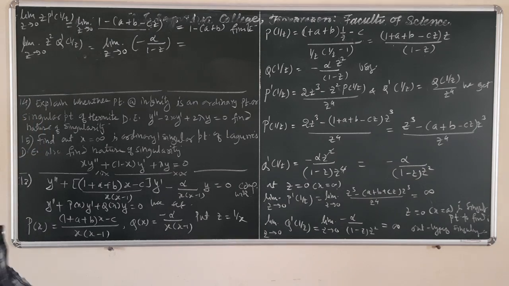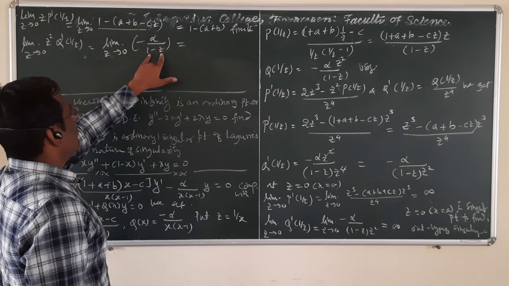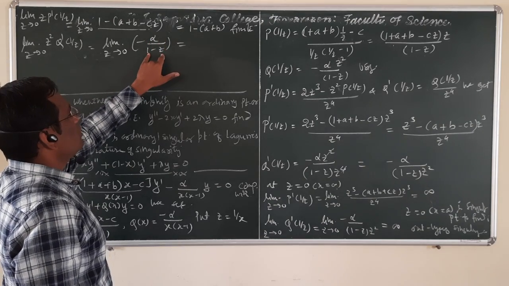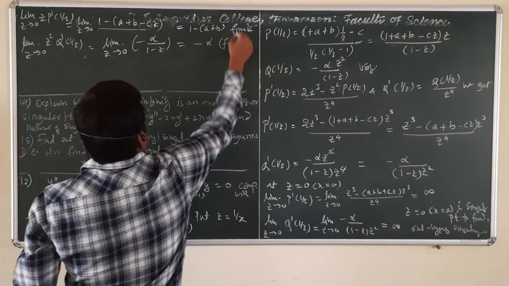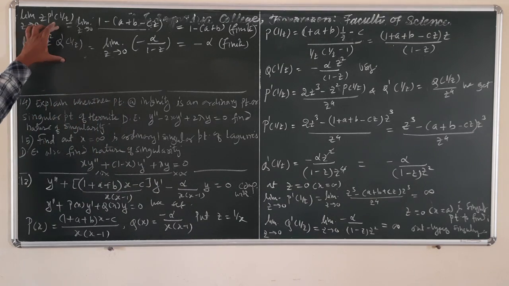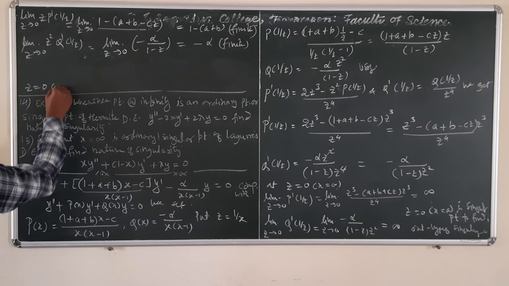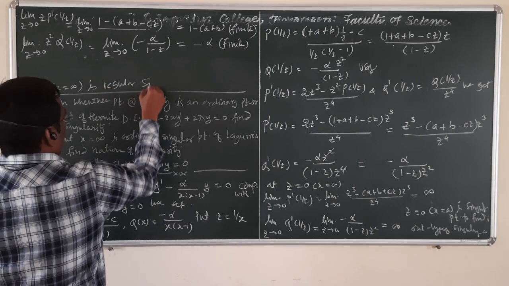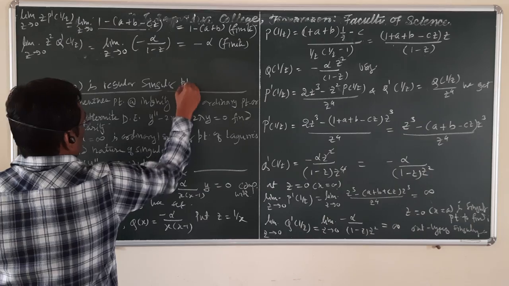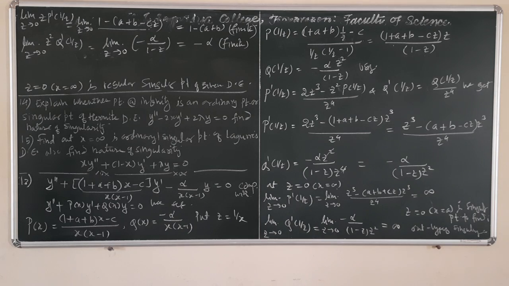Now if you put z equal to 0, we get minus alpha over 1 minus 0, which is 1, so we get minus alpha, which is again finite. Since both these limits remain finite, we can say z equal to 0, which is x equal to infinity, is a regular singular point of the given differential equation. Okay, so in this way problem number 13 is finished.